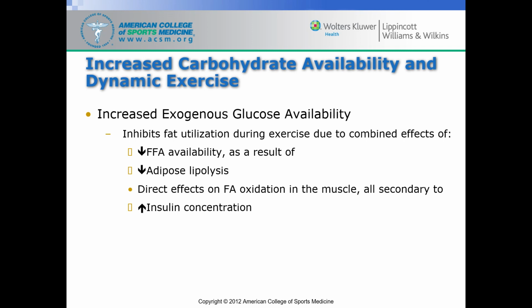And that directly affects fatty acid oxidation in the muscle, all secondary to the insulin concentrations, which will increase. So when you increase glucose availability, insulin spikes, moves glucose transporter 4, or GLUT4, to the cell membrane to move glucose in, giving you more glucose in the cell.